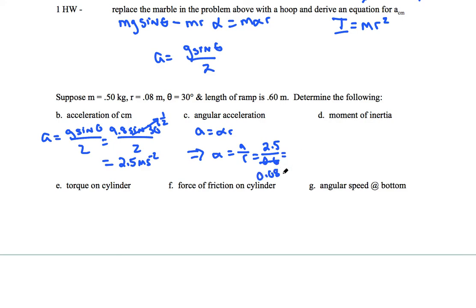That's where I made a mistake. All right, so my r is 0.08. So now that gets me what I have written down here, an angular acceleration of 31 rad per second squared.